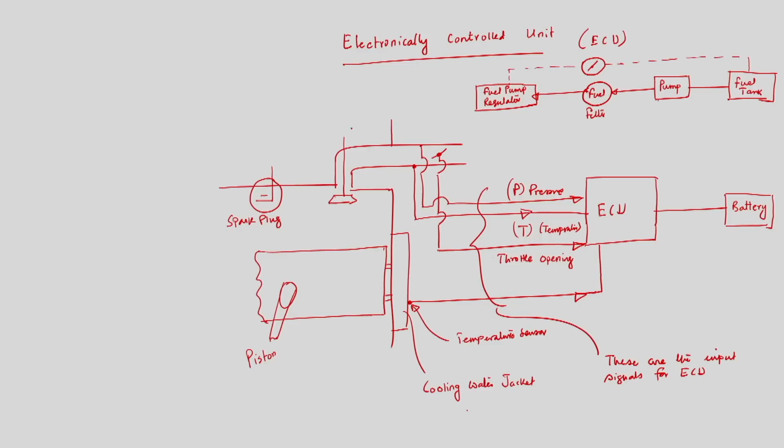Now, this fuel is supplied here, and the amount of fuel that will be supplied into the intake manifold through the injection system, that information will be provided by the electronic control unit, the ECU. So, here we will have one input signal, and that signal will come from the ECU. I will discuss in detail.